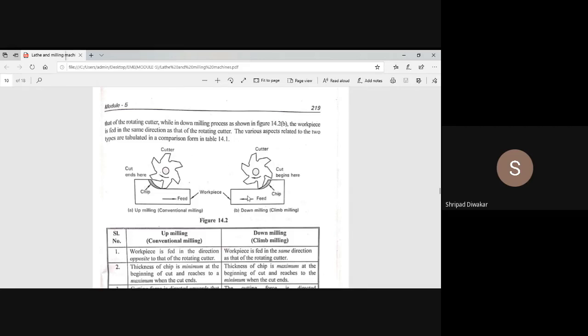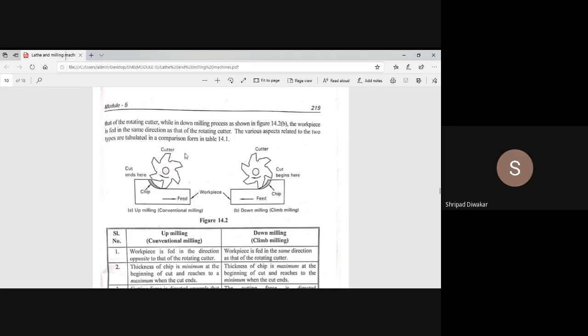On the other hand, in case of down milling, the milling cutter and the workpiece directions are same. Means when the workpiece moves in the direction, this cutter also rotates in the same direction. Okay, this is the difference between up milling and down milling. Up milling is also called conventional milling, and down milling is also called climb milling.